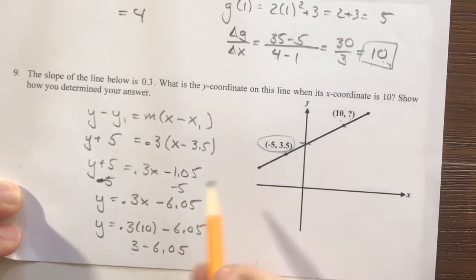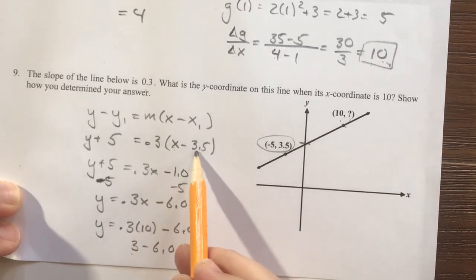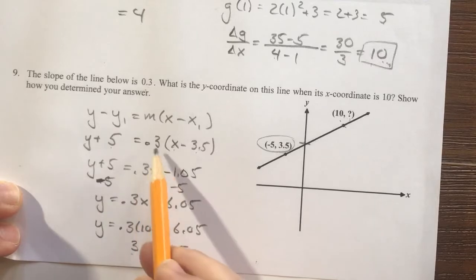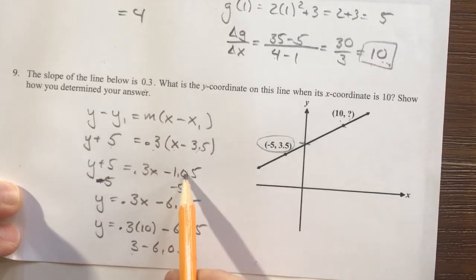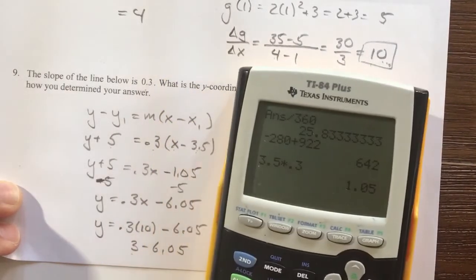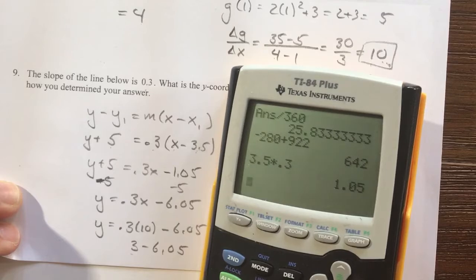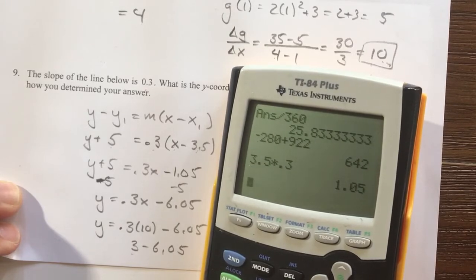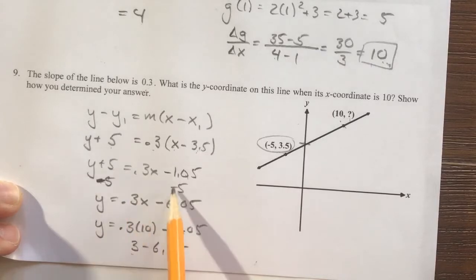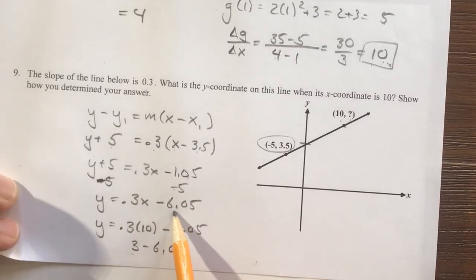Oh, I hate this. All right. 3.5 goes there. Turns into 5. Multiply. That was wrong. That was wrong. 3.5 times 0.3. 1.05 stays negative. Subtract 5. You get that.